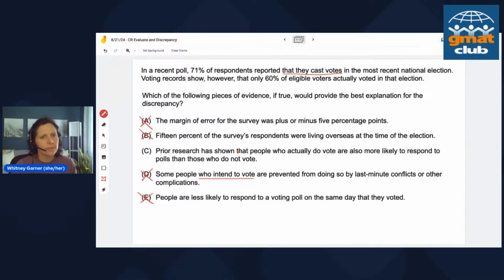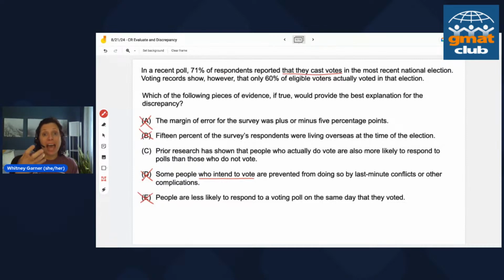So then what is C doing for me here? Well, if it is true, according to the statement, that a person who does vote is also more likely to respond to a survey, then it would make sense that the survey respondents would be more likely to be voters.